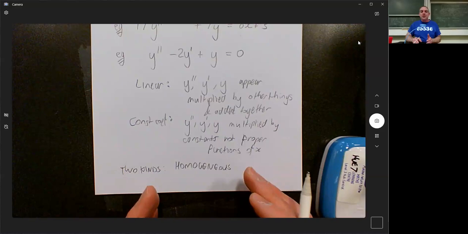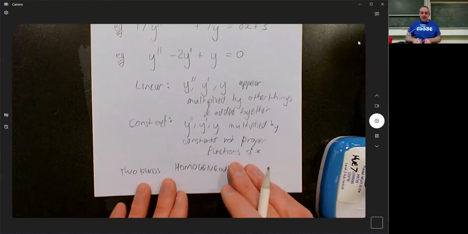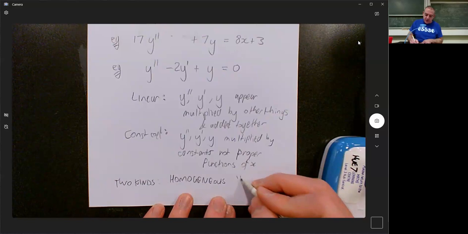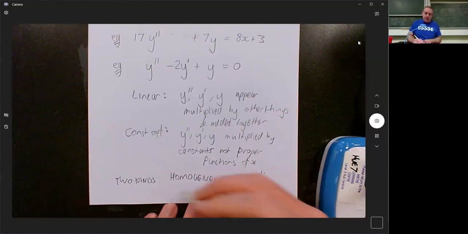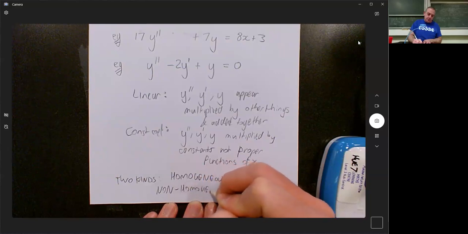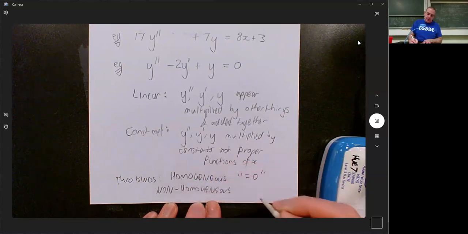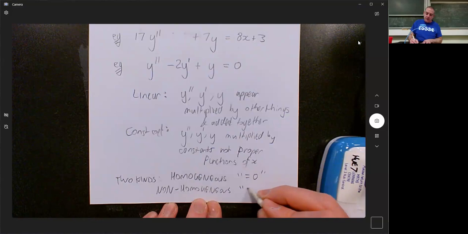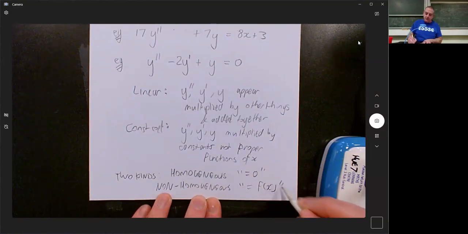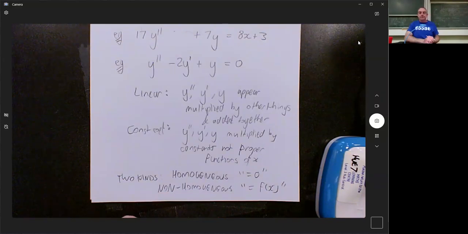And what is homogeneous about it is the fact that every term involves the function y. But in general, it just means it's equal to 0, and non-homogeneous means it's equal to something else, some function of x, or t, or whatever the variable is.